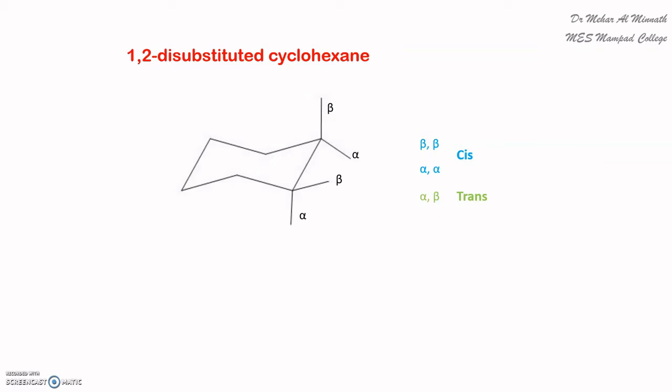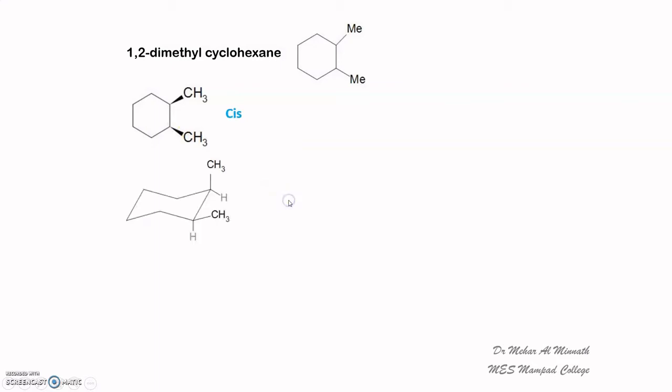Now let's take up the conformations of 1,2-disubstituted cyclohexane, particularly 1,2-dimethyl cyclohexane. We can write the planar form of 1,2-dimethyl cyclohexane, and in the cis form we can put it like this in the plane. We know it will not exist in the planar form; it will take up the chair conformation.